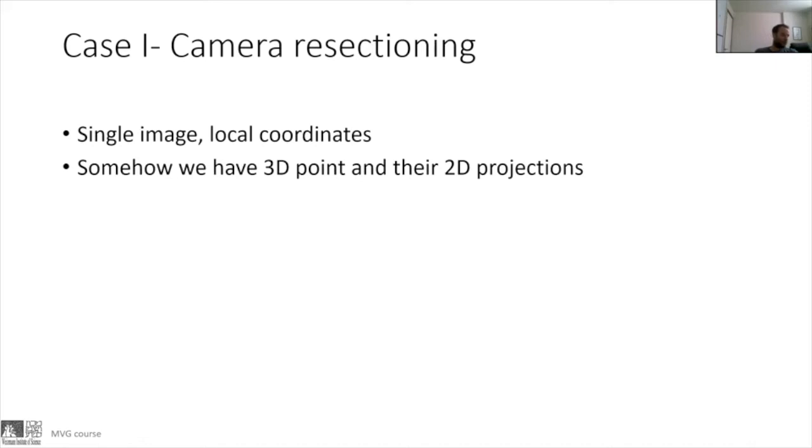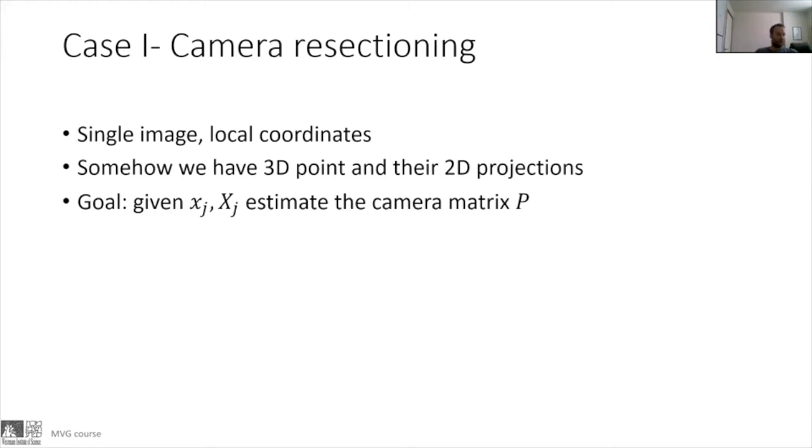You know what is the point in the world and what is its 2D projection. So the goal is to estimate the camera matrices using the 3D to 2D correspondences. You have seen many algorithms to do that. One of them is the DLT, and there are several other algorithms. This is actually the simplest case that there is in structure from motion.